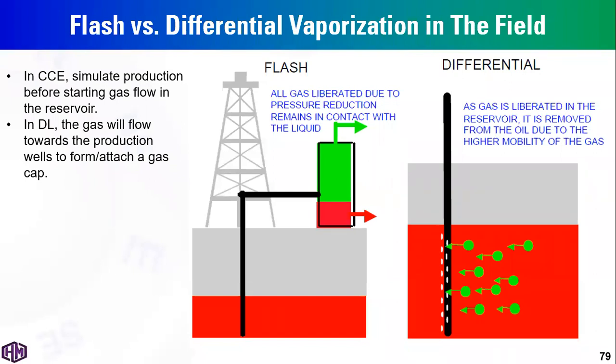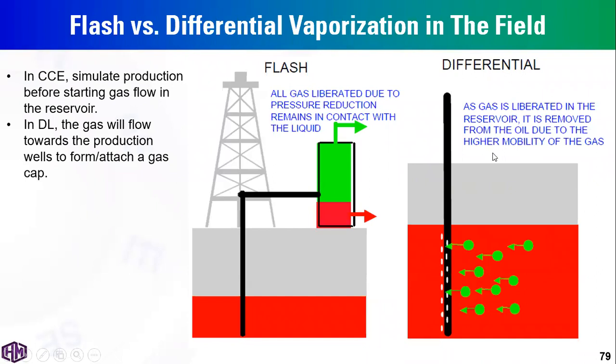So the gas will not be in direct contact with the oil. Maybe the gas will be directed to the production wells, or this gas may move up structure to join an existing gas cap, or to generate a new or secondary gas cap. So that's why this is the procedure for flash and differential vaporization.